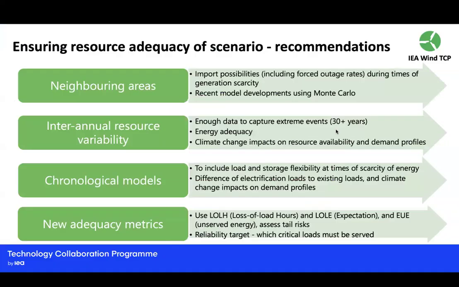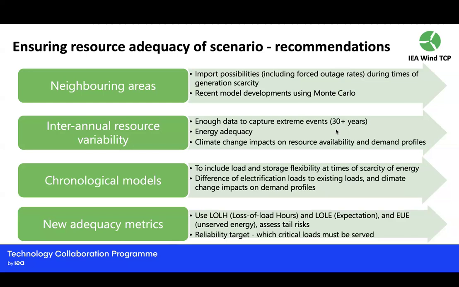And here, what we have seen already from all the studies is that how you model your neighboring countries is very important. All the possibilities to exchange, import and export, are important. For resource adequacy, especially the import possibilities during times of generation scarcity.